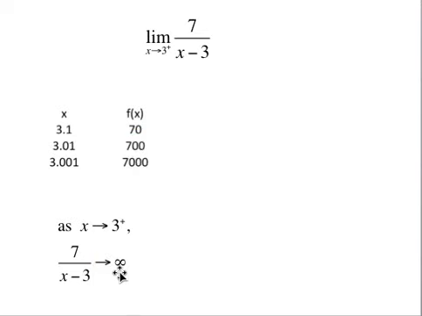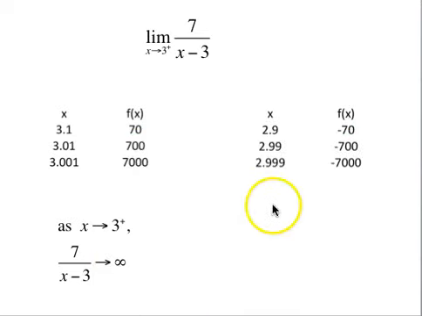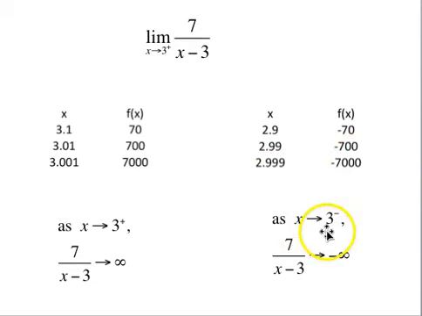But I could also have approached it from the left. So 2.9, 2.99, 2.999, I get negative 70, negative 700, negative 7,000. So let me say, as x approaches 3 from the left, numbers to the left of 3, that function is heading towards negative infinity. But again, that limit doesn't exist. But we can describe the behavior by looking at numbers close to the value the limit is approaching.